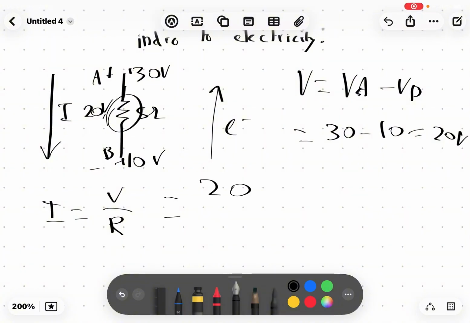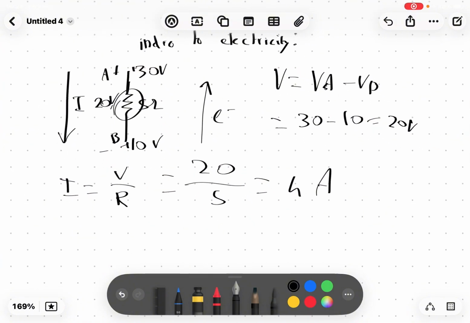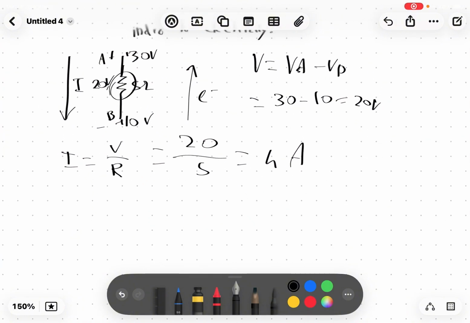So 20 divided by 5, the voltage divided by the resistance, equals 4 amps. After that we can also find the work done, because work done is the charge times the voltage difference, but that doesn't matter.